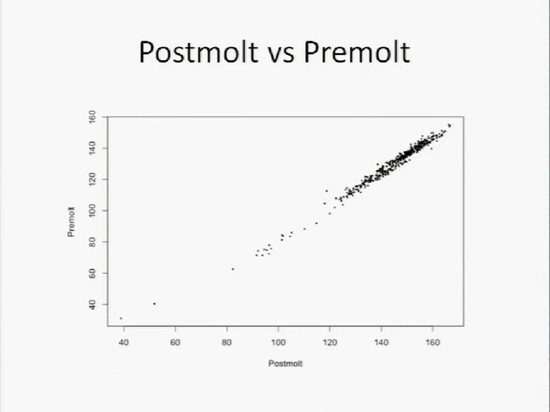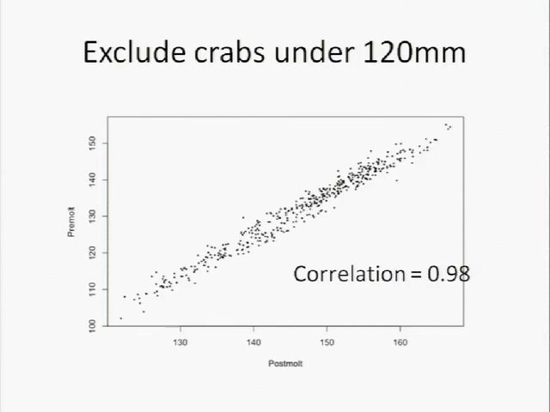We're going to exclude all these ones below and just look at those crabs that are above 120. So that's what this graph looks like. And when you exclude all the crabs under 120, and now we look at this part of the graph, this correlation is 0.98, which is very, very high.